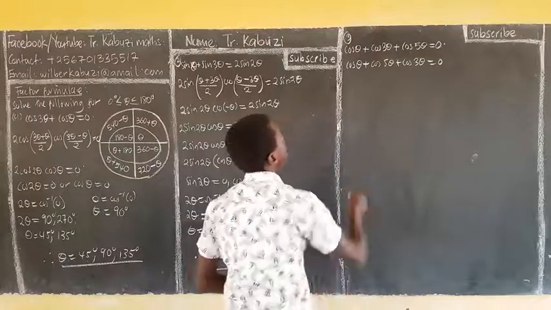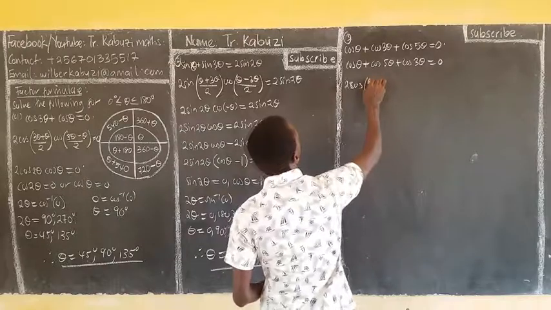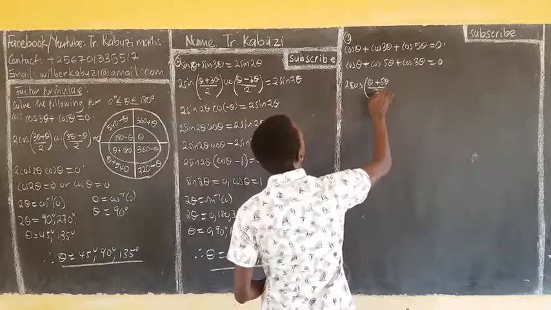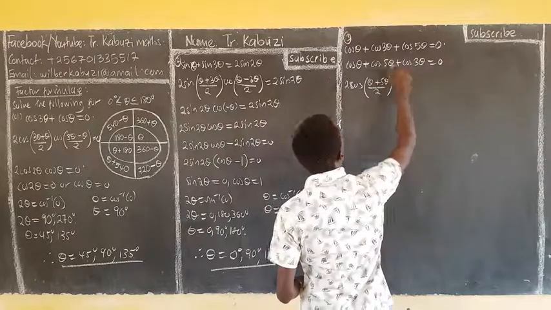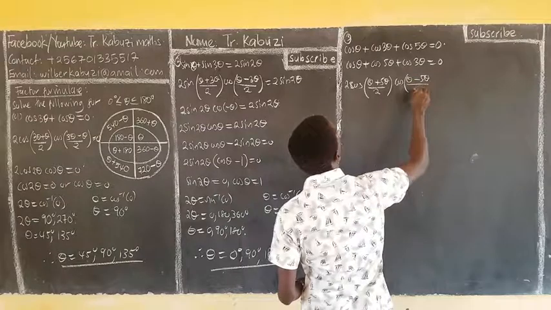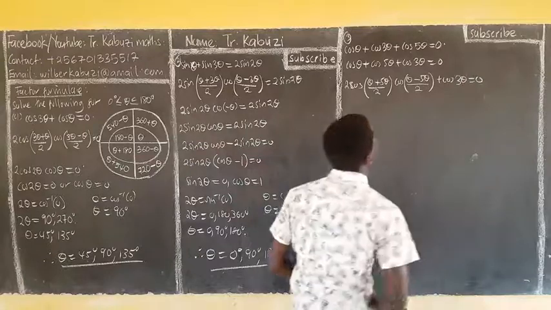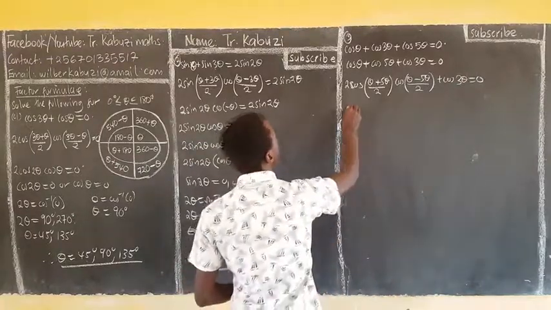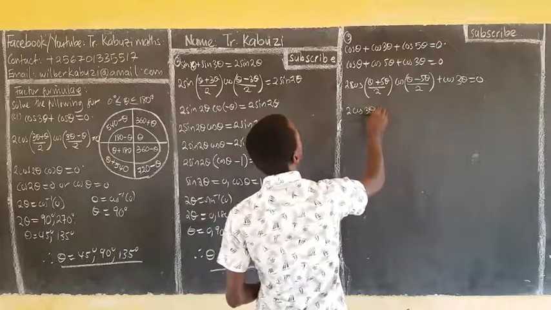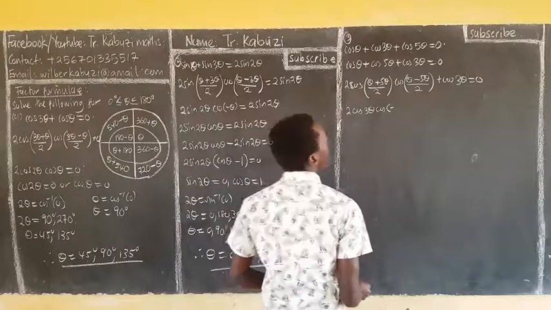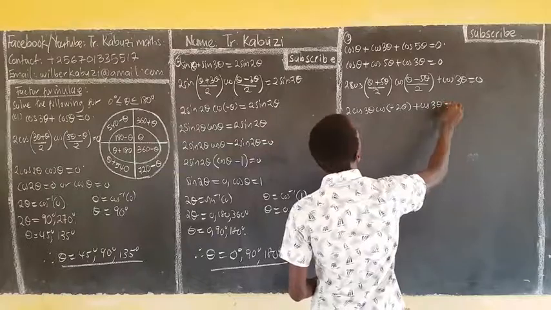There we can proceed. So this will be now 2 cos, because I'm adding cos, then theta over 2. Then still cos of theta minus 5 theta over 2, then plus cos 3 theta equal to 0. So this will give you 2 cos 3 theta, then cos of a negative 2 theta, then plus cos 3 theta equal to 0.